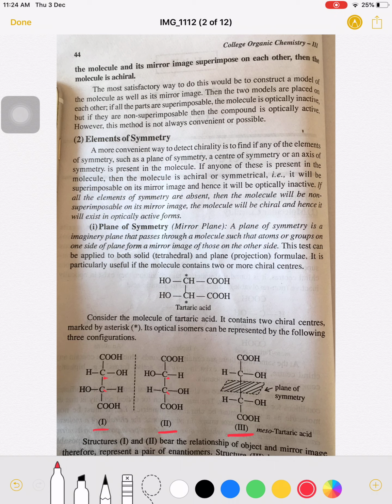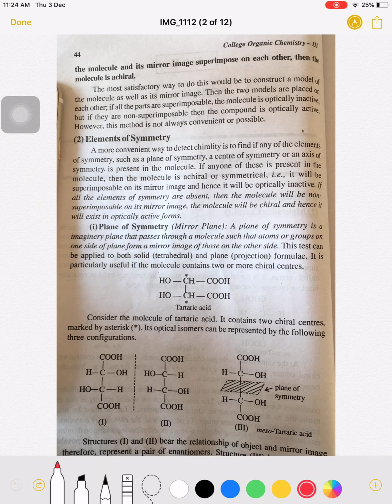If I draw the mirror image of this molecule, it gives the second molecule. If I put the second molecule on the first, it is non-superimposable. Therefore, the Roman 1 and Roman 2 molecules are optically active molecules, because the mirror images of these isomers are non-superimposable.